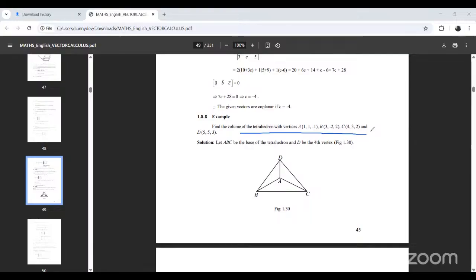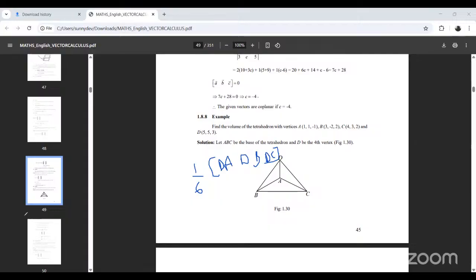So what is the formula? The volume of the tetrahedron is 1 by 6 into the bracket of dA, dB and dC.